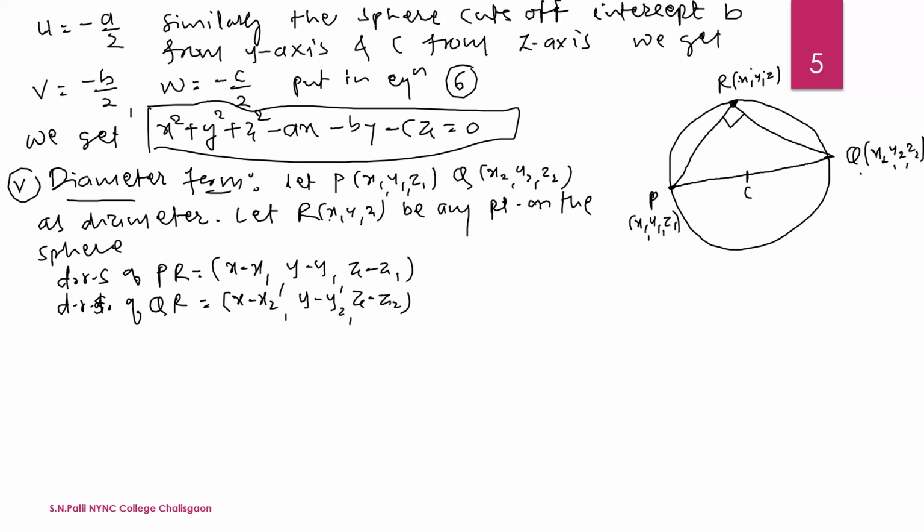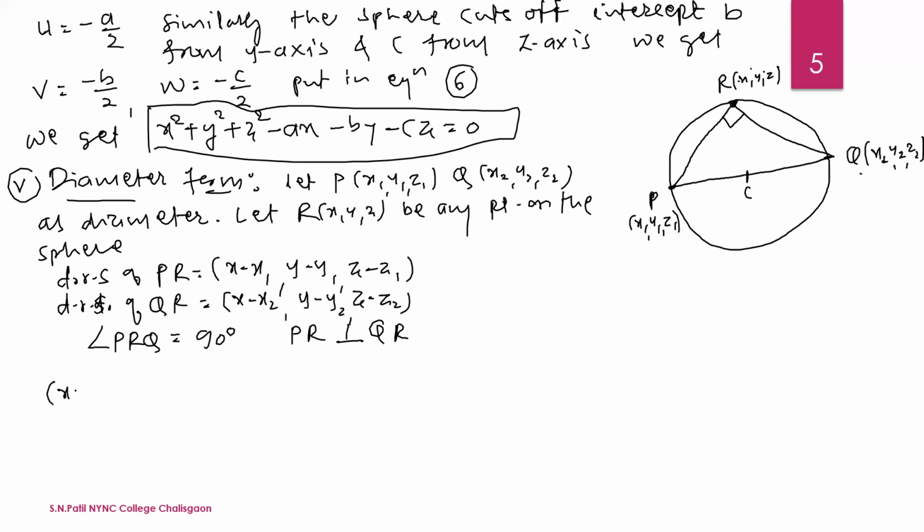Now here the angle PRQ is 90 degrees. That is, PR is perpendicular to QR. And we know the formula: the product of these direction ratios is 0.